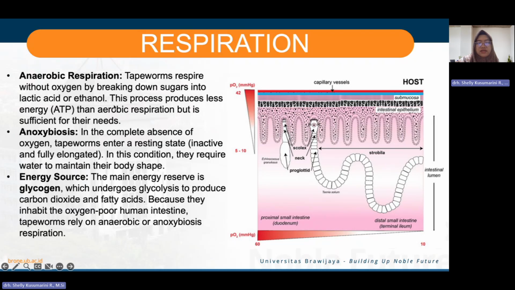But as you know, they have an anoxybiosis process. In the complete absence of oxygen, the tapeworm enters a resting state, inactive and fully elongated. In this condition, they require water to maintain their body shape. And for the energy source, they reserve energy as glycogen.